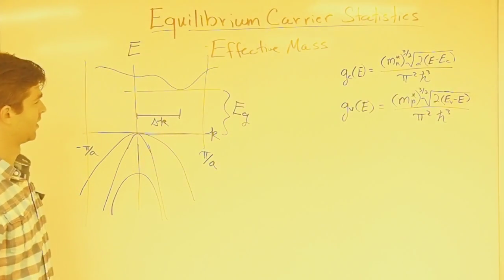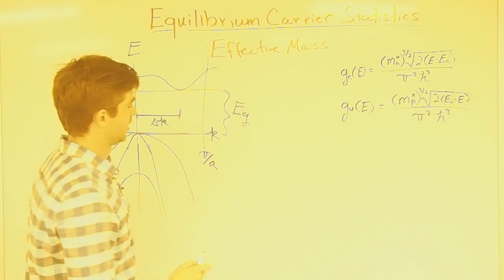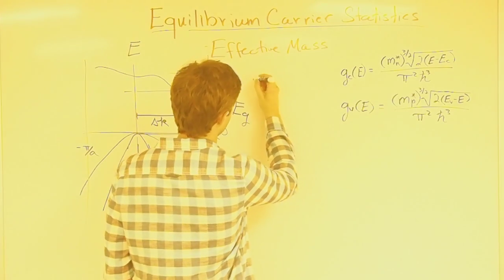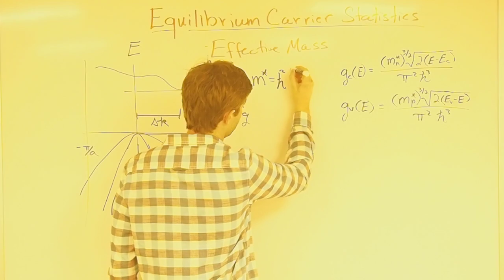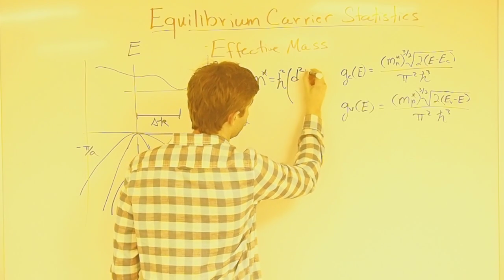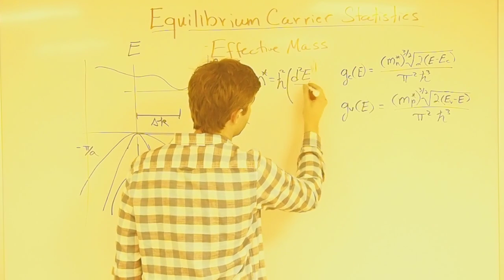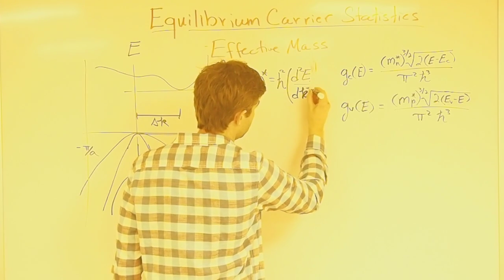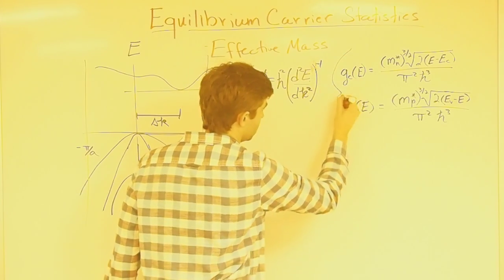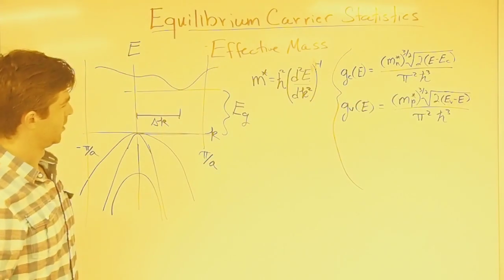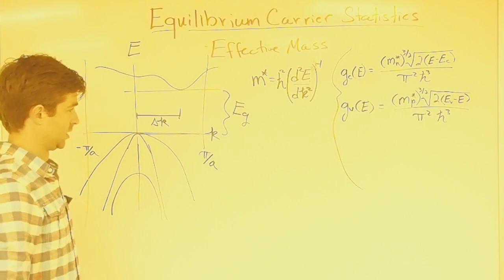We have multiple bands. Effective mass is defined by this relation right here. M star is equal to h bar squared times the inverse of d squared E over dk squared. So that's how we define effective mass in a semiconductor.